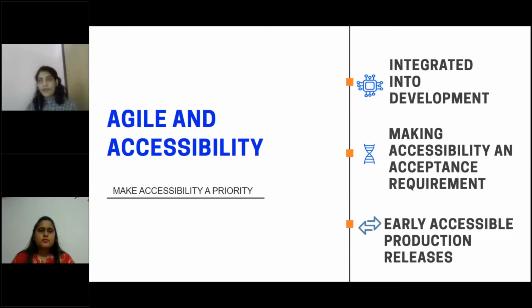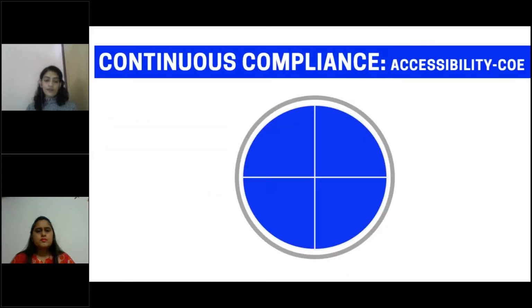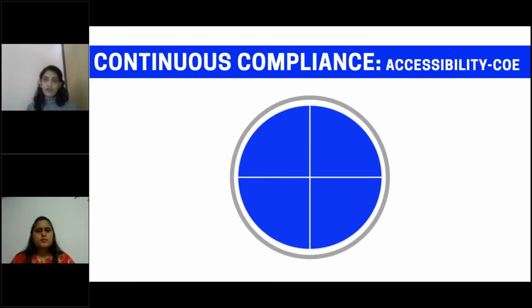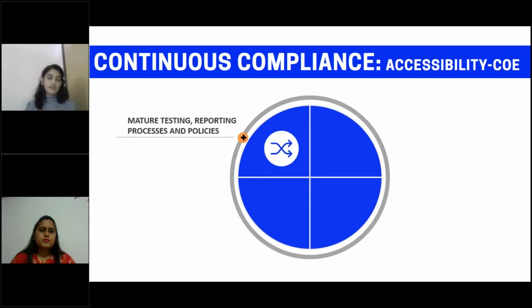Now we've talked about what probably gets applied at a product level or a project level. But now let's talk about how accessibility can be turned into a practice and a habit for an organization, how you can set up an entire COE around this. I think the first and most important thing to do here is to have a mature set of processes and certain policies.